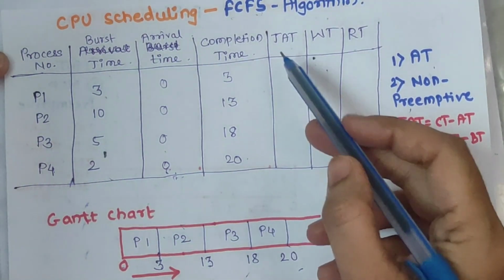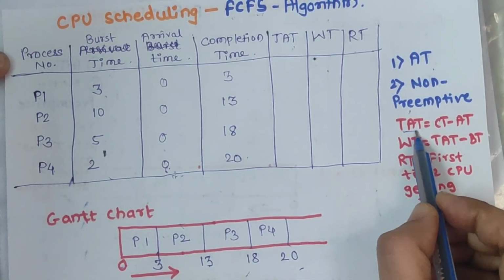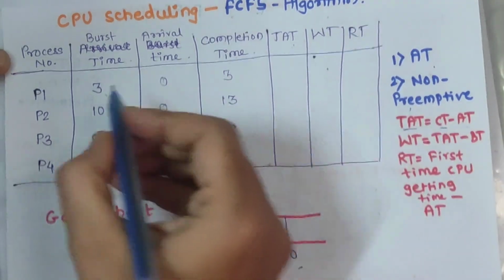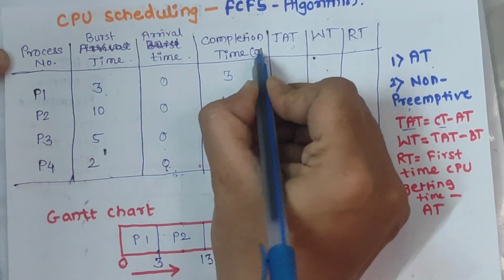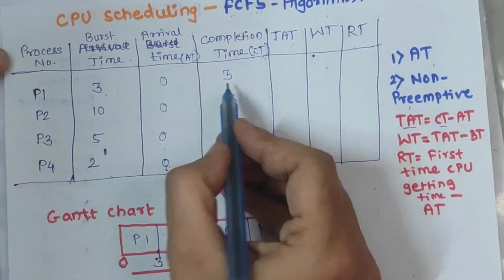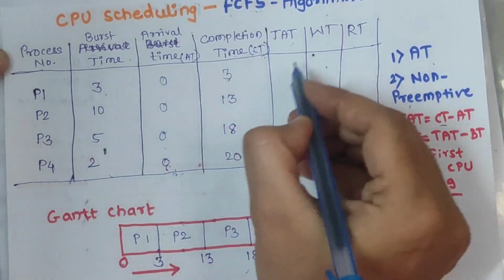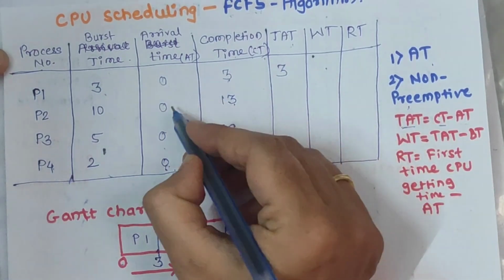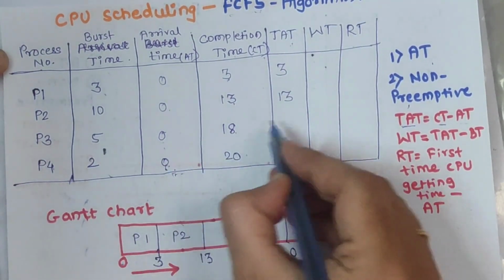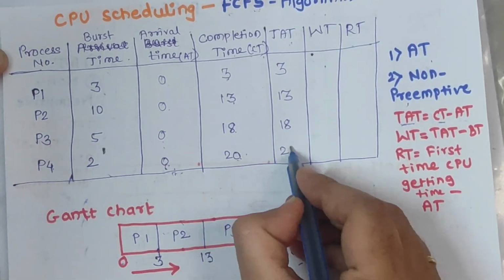Now turnaround time will be calculated using this formula. Turnaround time is equal to completion time minus arrival time. This is the CT, that is completion time, and arrival time, that is AT. So we can calculate this for P1: 3 minus 0 we get 3, 13 minus 0 we get 13, then 18 minus 0 we get 18, and 20 minus 0, that is we get 20.